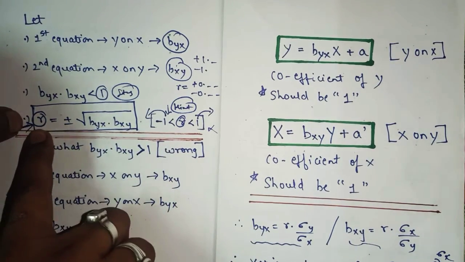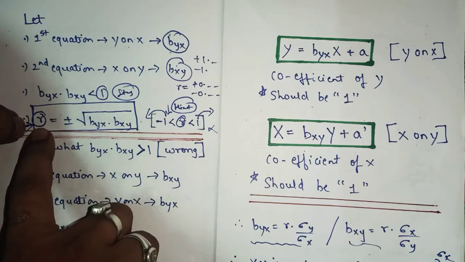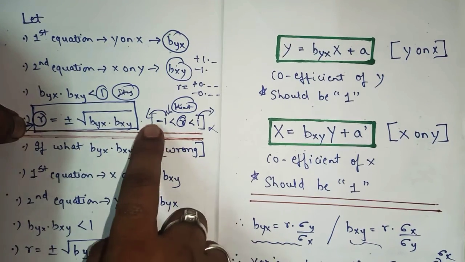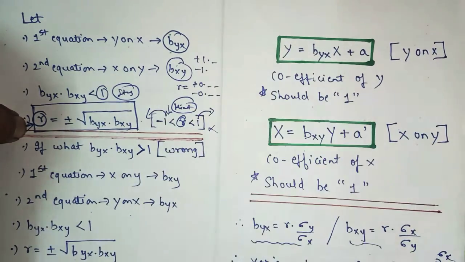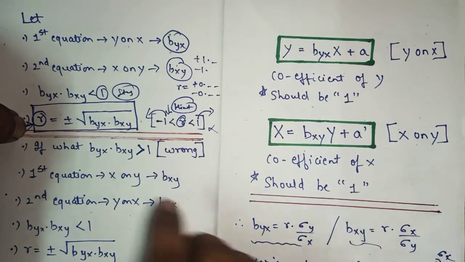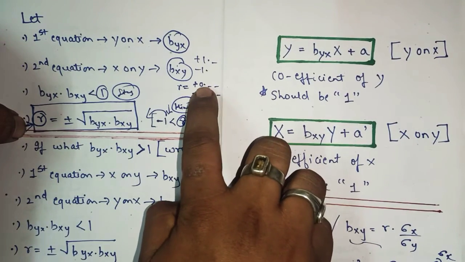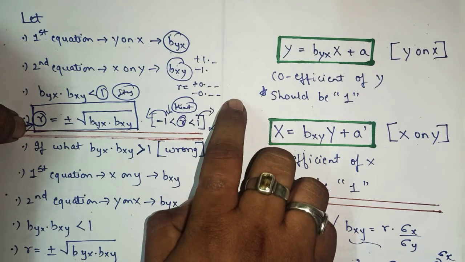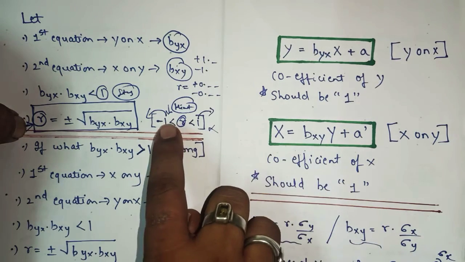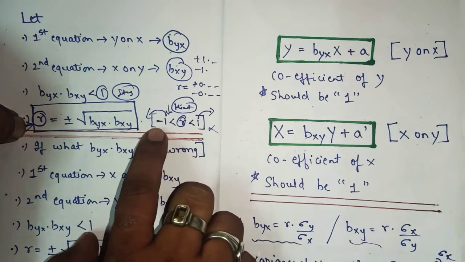As I told in the previous lecture, the value of r always lies between minus 1 and 1. In simple language, when you see the back-side answer of each and every sum of the third exercise, or whenever you have to find the value of r, it will be plus 0 point so and so number or minus 0 point so and so number. So that's why I told the value of r should lie between minus 1 and 1.